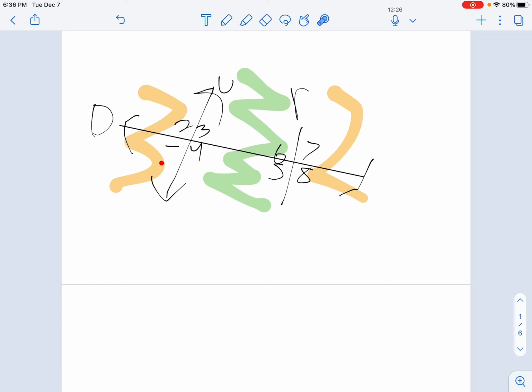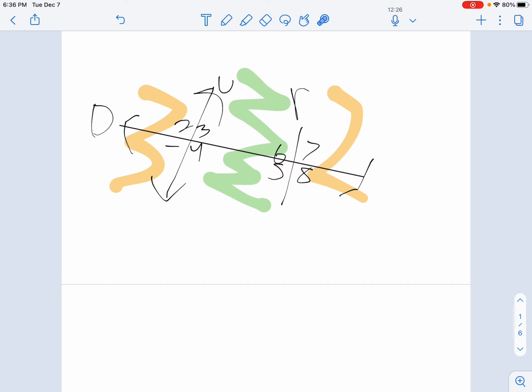It would be 1 and 5, because corresponding angles lie on the transversal and are on the same side of the lines. So 1 and 5 would be one corresponding pair. Another one would be 4 and 8, 2 and 6, 3 and 7.